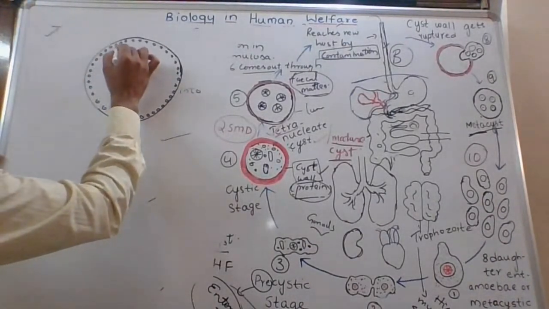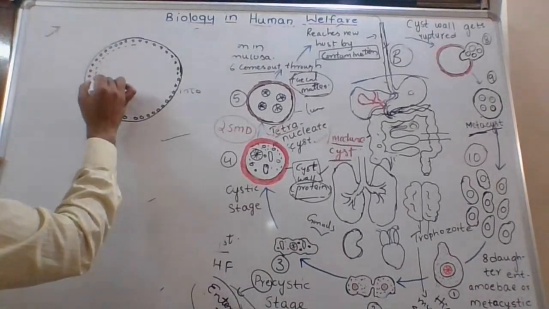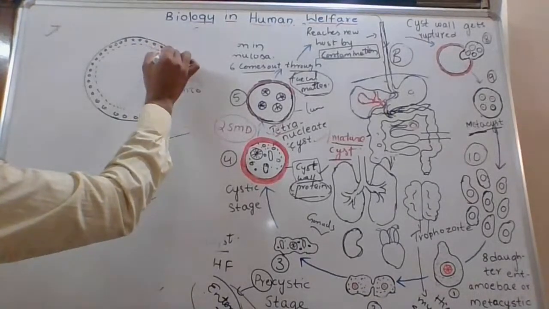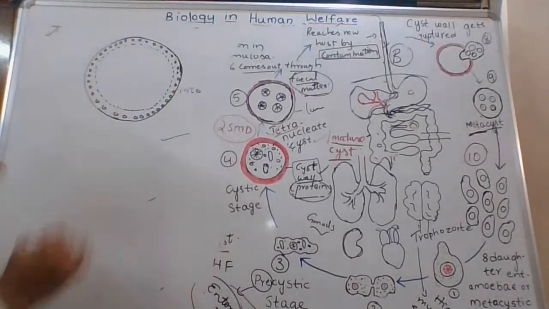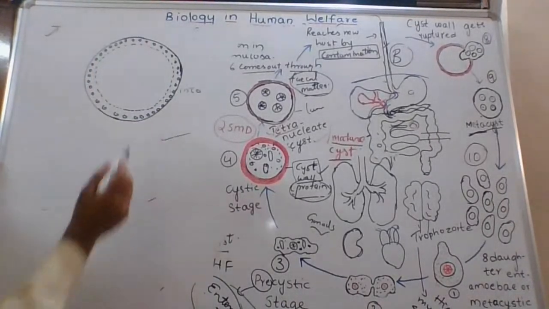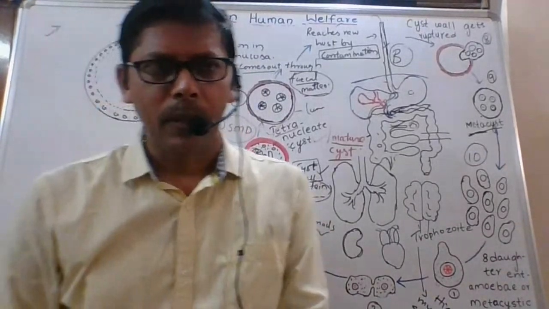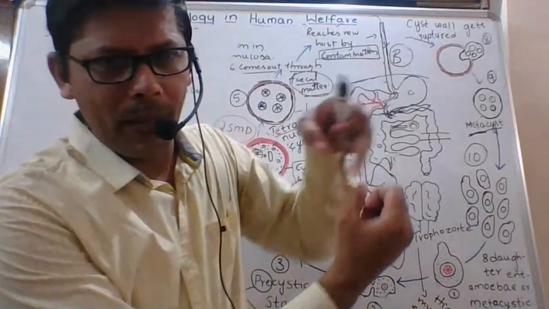Next, below this one, are the circular muscles, but the arrangement is different. This is the circular layer of smooth muscles. These two are both smooth muscles, but the arrangement is different. One type is arranged in a straight line, and the other type is arranged in a circular manner.